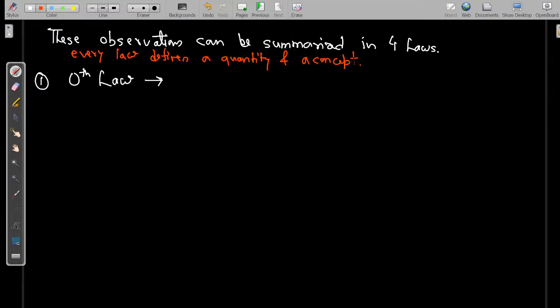For example, the zeroth law defines a quantity that is called temperature. And the concept related to this temperature is temperature measurement.